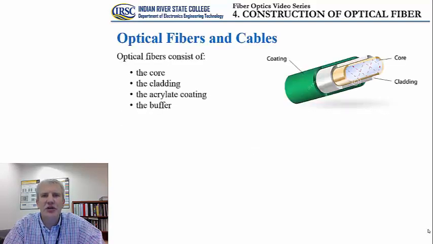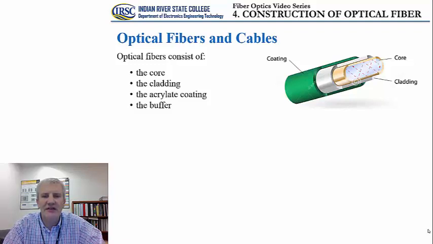So this slide pretty much reviews what we covered in the previous lecture. We are talking about the basic elements of an optical fiber. We already talked about the core as being a light guiding region that's shown here in a yellow color, and we see a few red dots that represent the light propagation through the core.